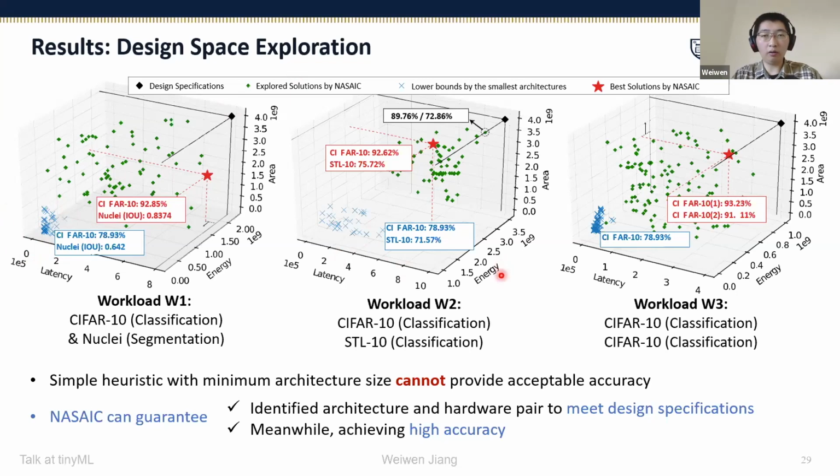And ASICNAS can guarantee that all the explored solutions meet the design specification, which are presented by the green points, and the final result is represented by the red stars. And we can see that the identified solution can achieve very high accuracy.